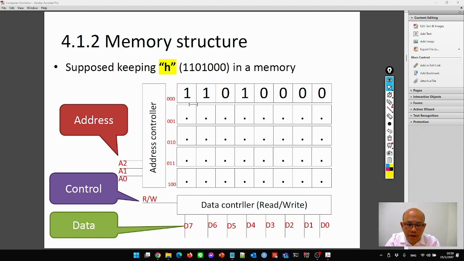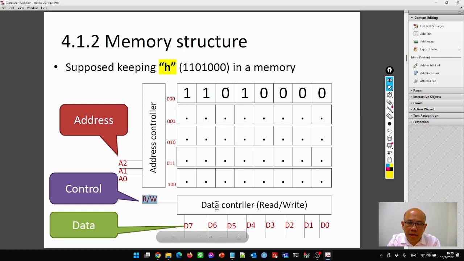Inside the memory there is an address control to control the location of the memory cells. And here is a data control to control reading or writing data in each cell, each box. And also it has read and write signals sent from the computer.